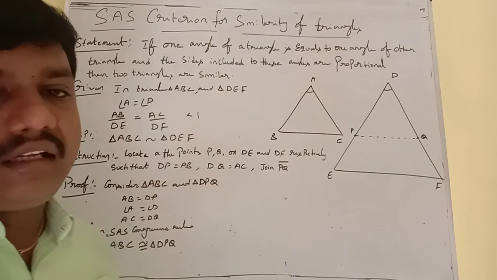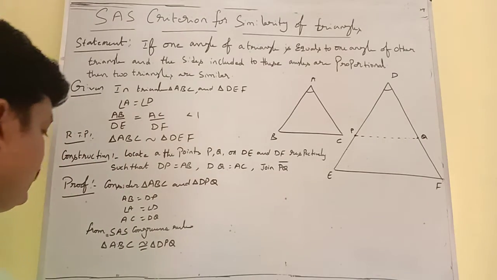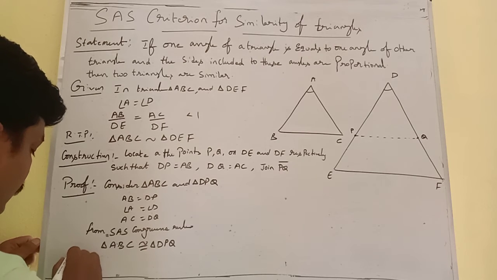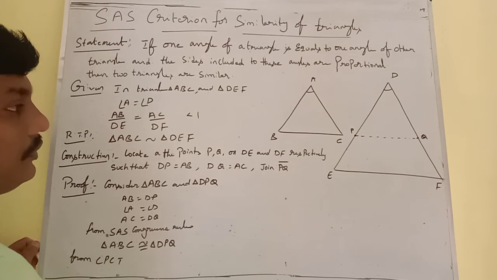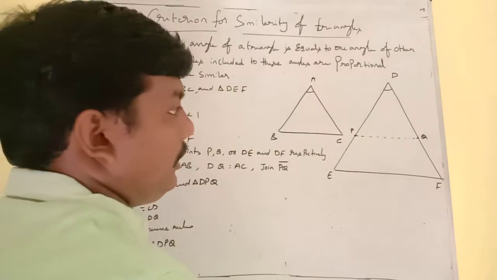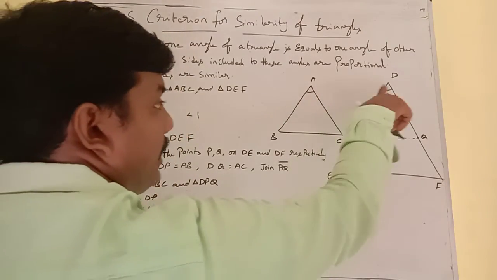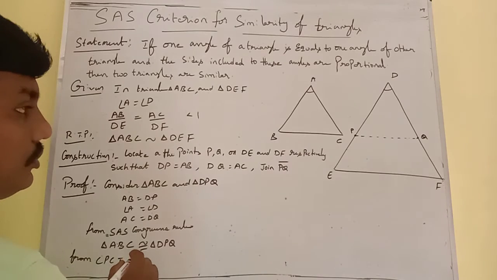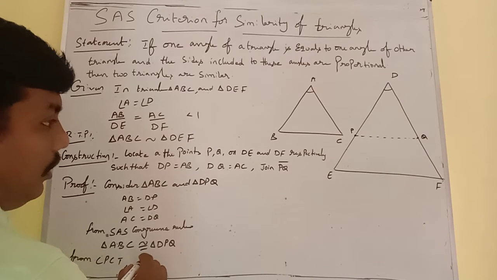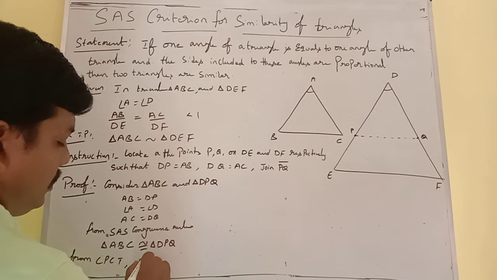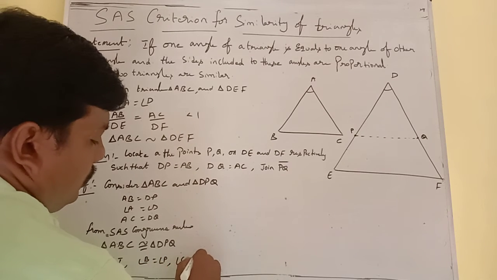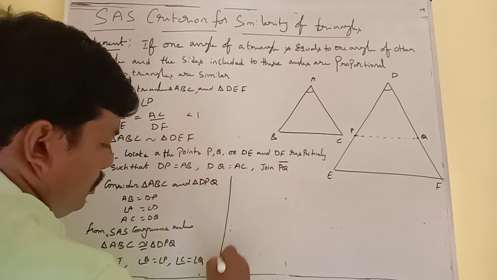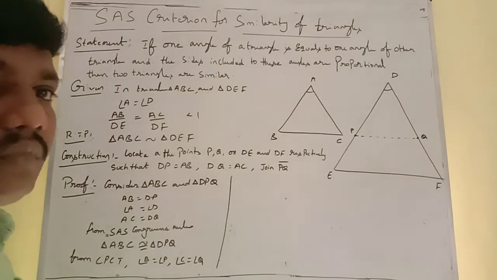When these two triangles are congruent, from the CPCT rule, corresponding parts of congruent triangles are equal. Therefore angle B is equal to angle P, and angle C is equal to angle Q. This is one condition now.